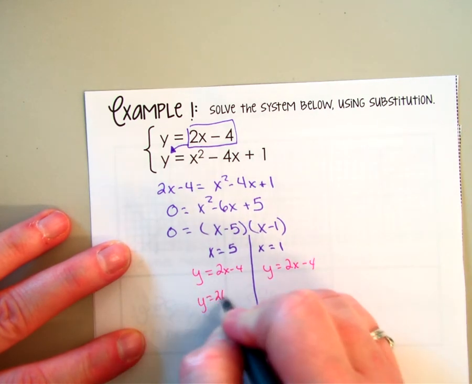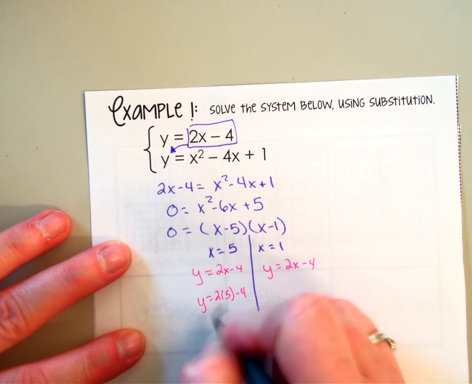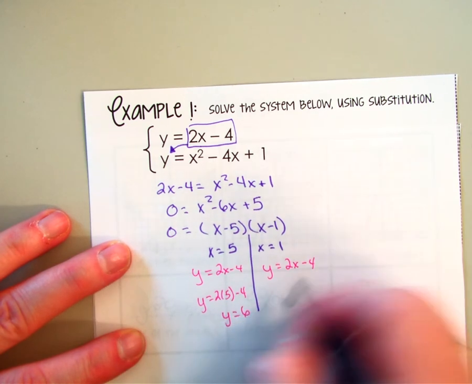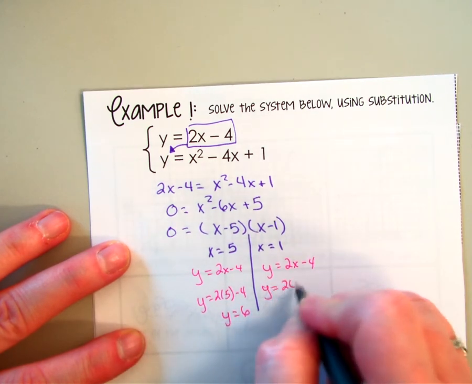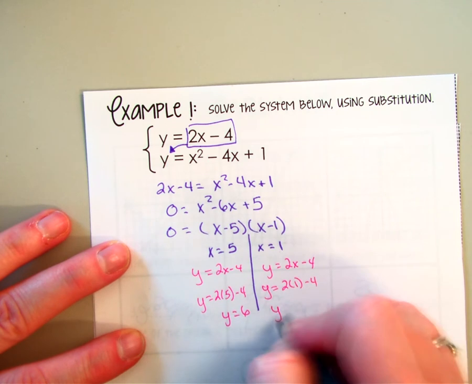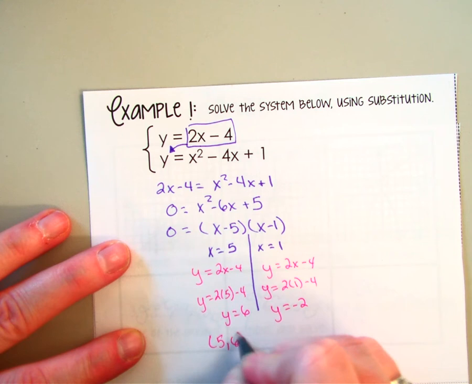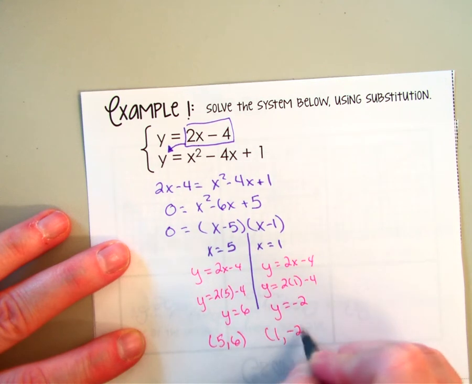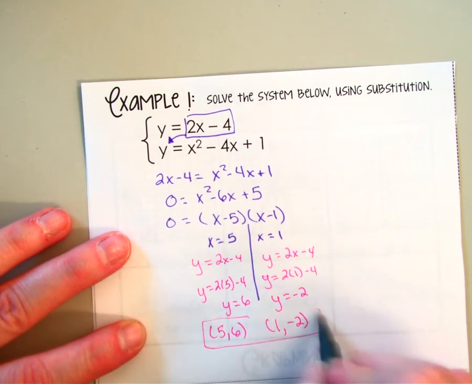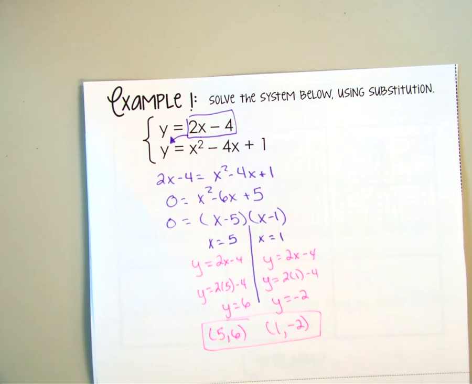So that's going to be 2 times 5 minus 4, so that's 10 minus 4 gives us a 6. Here I'm going to plug in a 1. 2 minus 4 gives us a negative 2. So 5, 6 and 1, negative 2 are our final answers for that one.